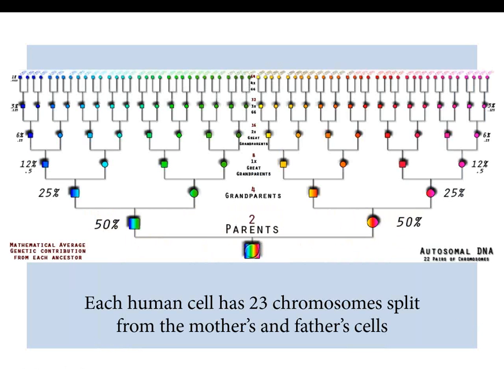Each human cell has 23 chromosome pairs, split from the mother's and father's cells, with 1 being our sex chromosome pairing and the remaining 22 being our autosomes. However, each of the 22 pairs of autosomes involves a pairing of 2 parents' DNA, which in turn was paired from their parents' DNA. So while we are going to be 50% our father and 50% our mother, we will not necessarily be 25% each of our grandparents.